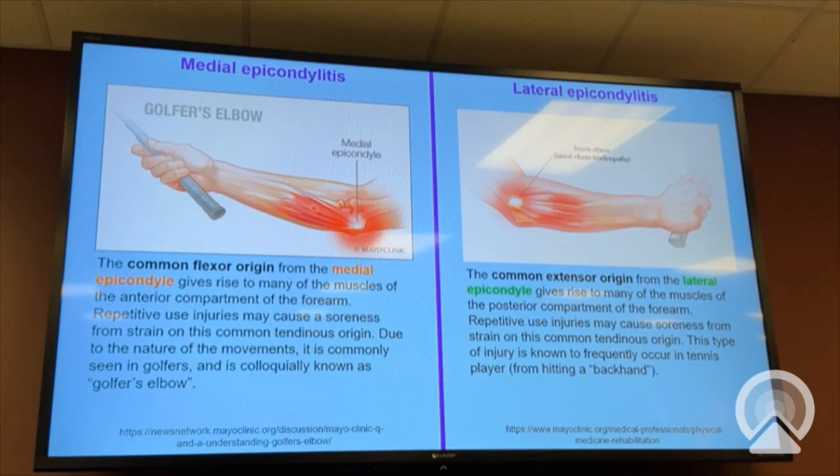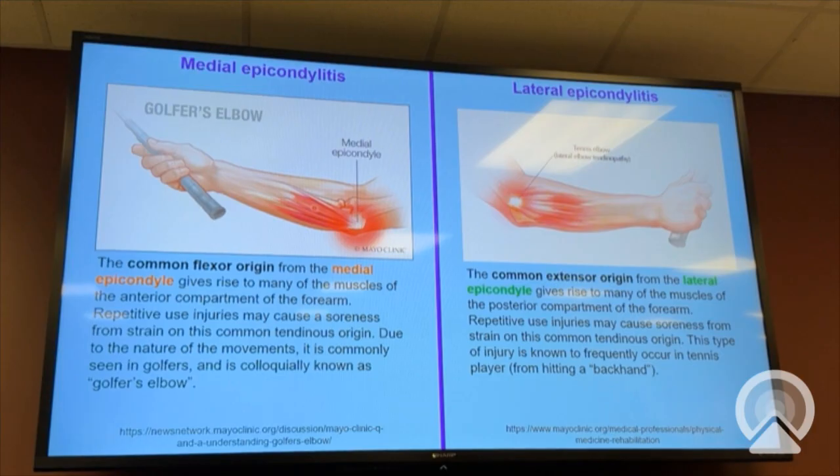But when you follow the flexor mass, all of these muscles, pronator teres, flexor carpi radialis, palmaris longus, on the front side of the forearm, back to where they originate on the medial epicondyle, or you follow the extensors, all these extensor digits, back to where most of them come from the lateral epicondyle, it's almost like they form one giant muscle mass. It's just like one giant blended muscle origin from these epicondyles.